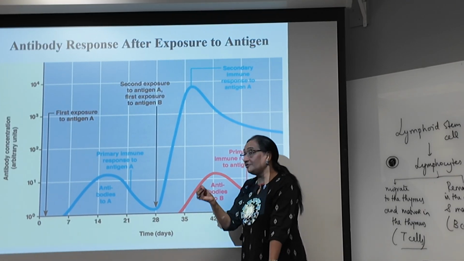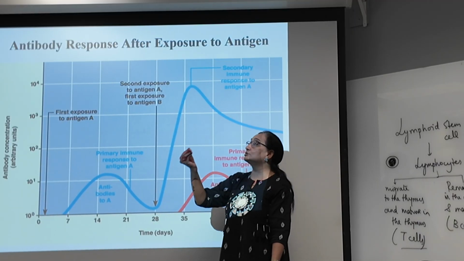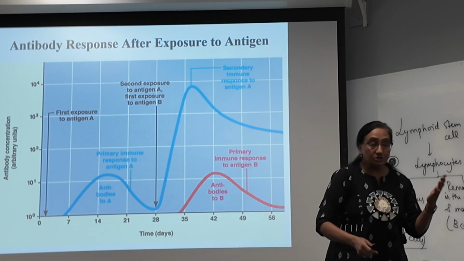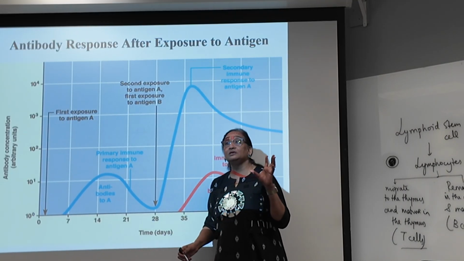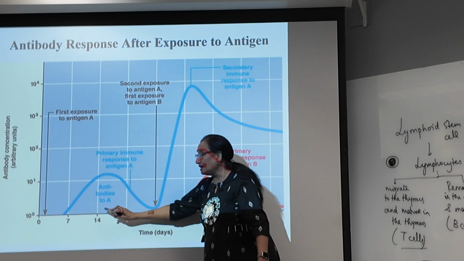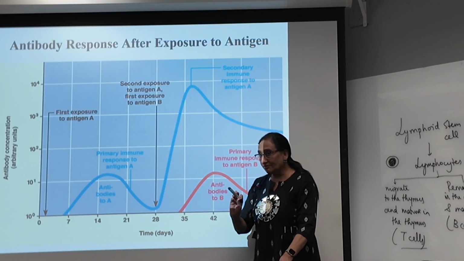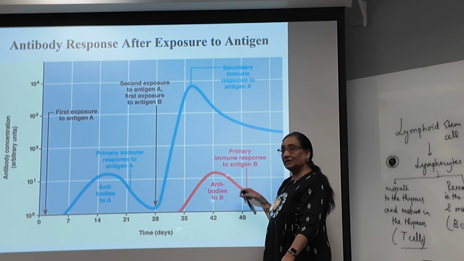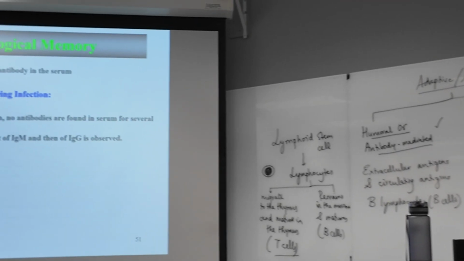For every antigen or pathogen that you have been exposed to from childhood, you can imagine how many memory B cells you must have formed. So every time the individual is exposed to a new infection, this process will happen. This is what we saw here.